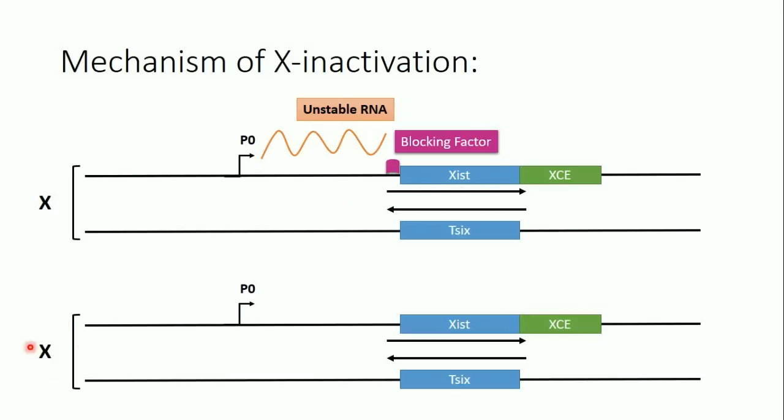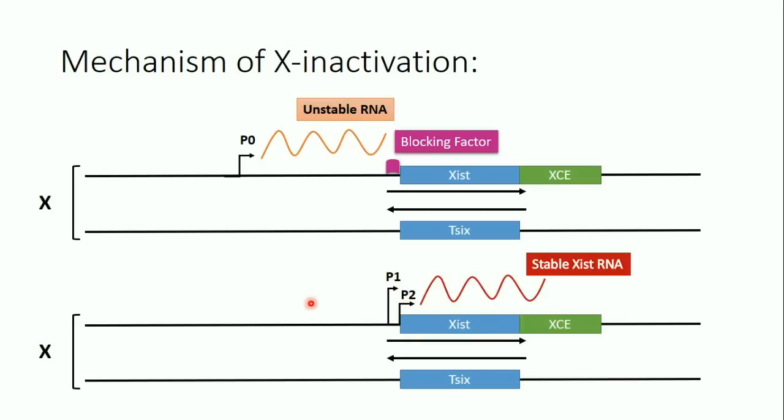On the other X, which is going to be the inactivated one, the transcription of the XIST moves from the promoter P0 to another promoter called P1, or there is a new promoter called P2. So the transcription here takes place either from P1 or from P2. And when the XIST is transcribed from P1 or P2, then the RNA is going to be stable and is going to accumulate in the cell.